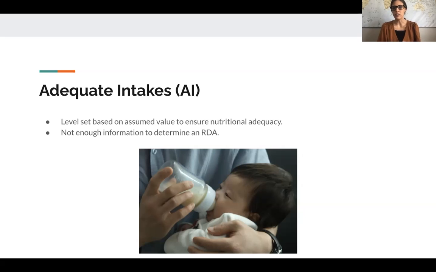So what the values of those vitamins, minerals, etc. are in breast milk, because we can say that the majority of babies who are breastfed, they are meeting the appropriate needs. Now, this isn't just for infants. There are some nutrients such as chromium where we're not able to establish an RDA as well. And so again, you'll see this as something called an adequate intake.